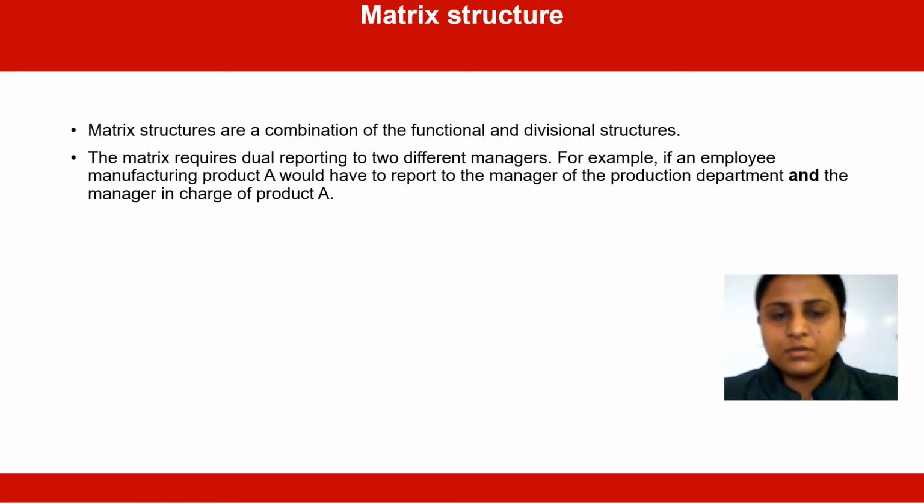If there is a more strict structure in a divisional company, then it would not provide the flexibility to coordinate the tasks of the people, whereas the matrix structure provides that flexibility to coordinate the various tasks.